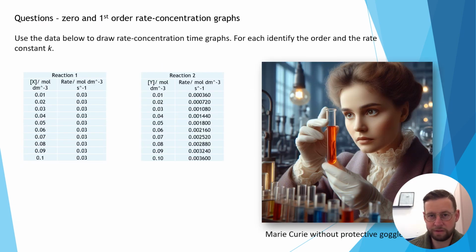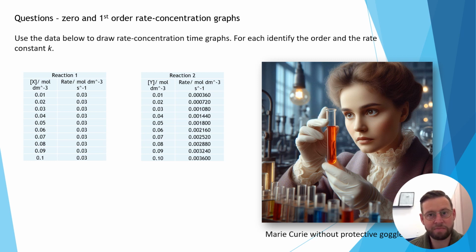So here's something for you to try. There are two reactions here, reaction 1 and reaction 2. There's the concentration, which you'll plot on the x-axis, and then there's the rate, which you'll plot on the y-axis. The very first thing you can do is to plot this data and see the shape of the graph. If it's a flat horizontal line, then it's zero order.